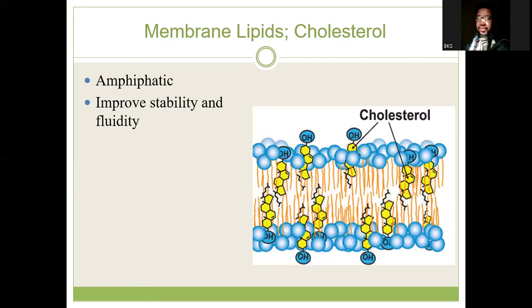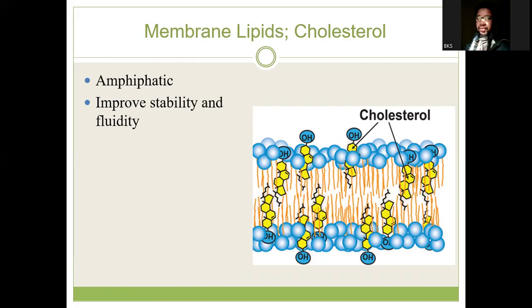So we also have cholesterol. In between this phospholipid and glycolipid, you can also have cholesterol. When you look at the structure, the cholesterol contains some aromatic rings and an OH group. That OH group is the polar part of the compound.